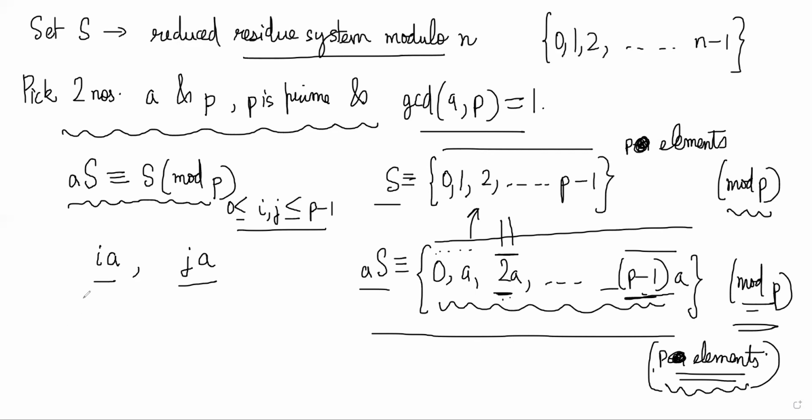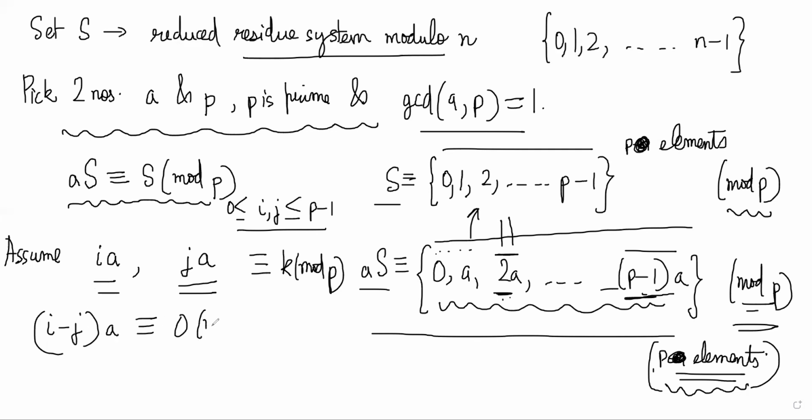So we can say the difference of these two, if they are identical, assume they are the same, some k mod P, right? So take the difference: I minus J times A should be 0 mod P. And A and P have no common factors, right?